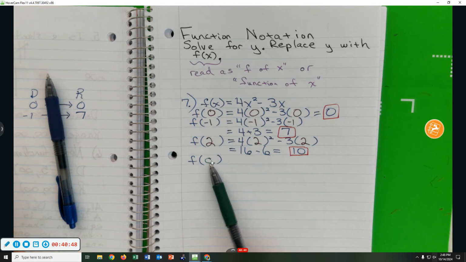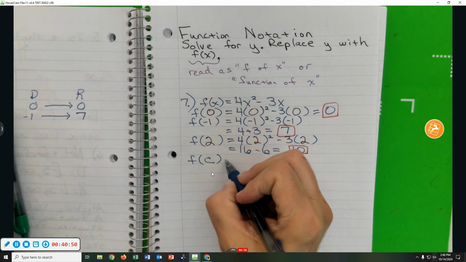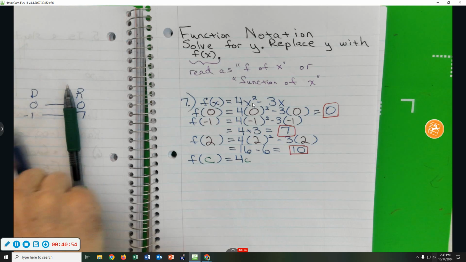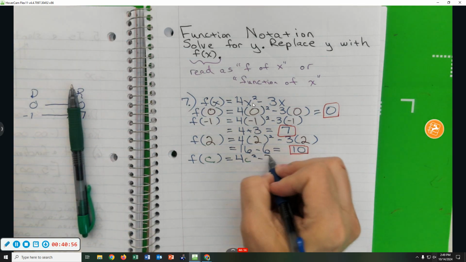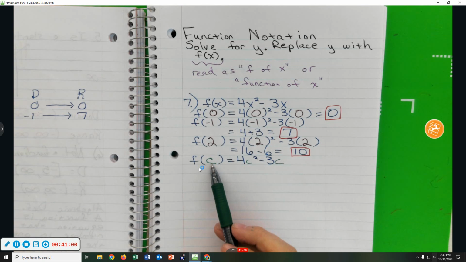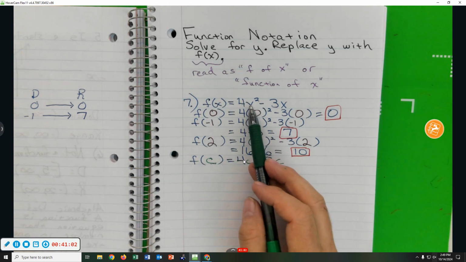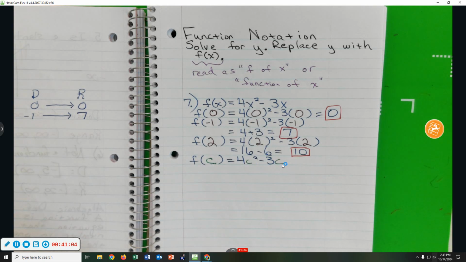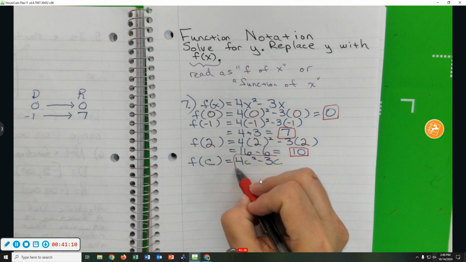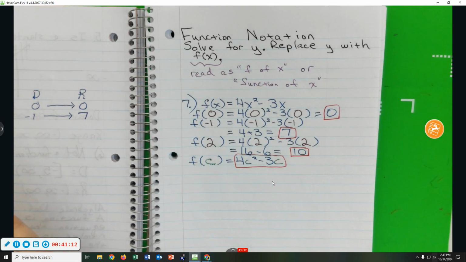It's just a change of variable. We'll have 4 times c squared minus 3 times c. Whatever's in the parentheses, that's what you replace the variables with. If you're lucky, there's only one variable to replace, but here we've had 2. Now let's go on to number 8.